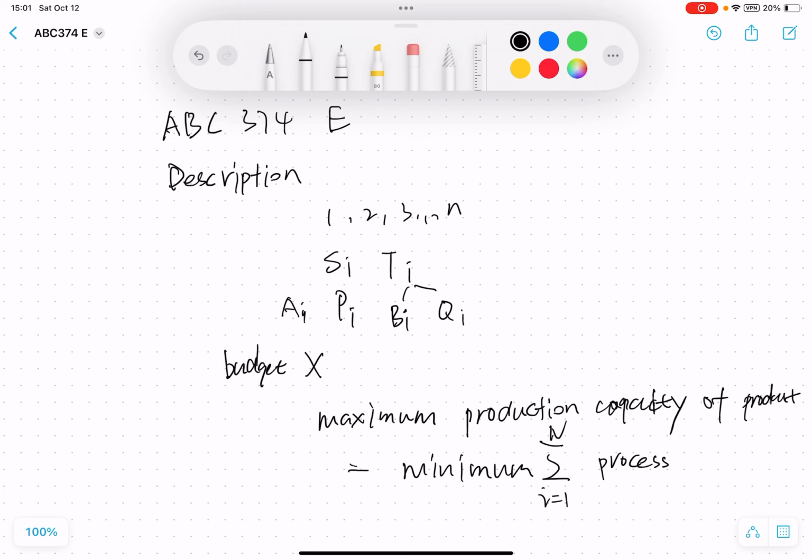You can buy any number of each machine, S or T. Maybe 0 is also acceptable. It depends on you. This is the description part of this problem.